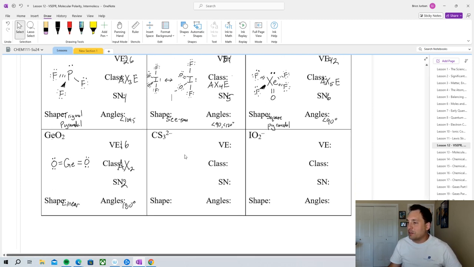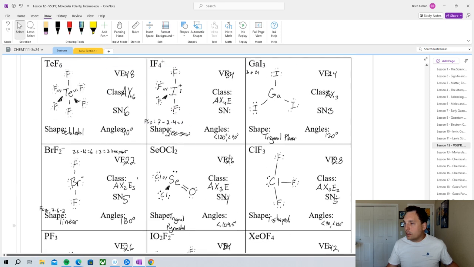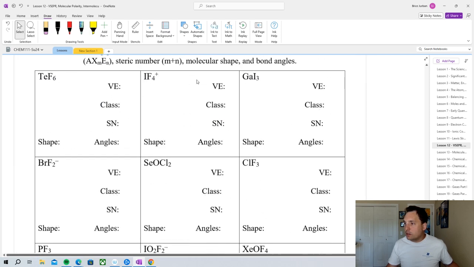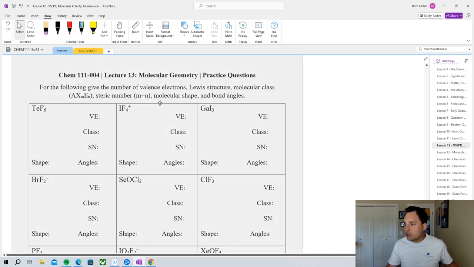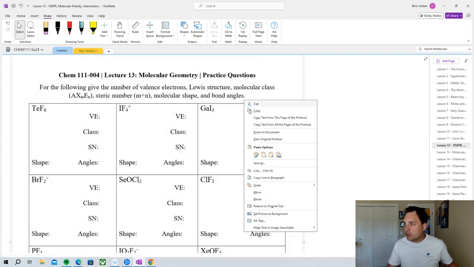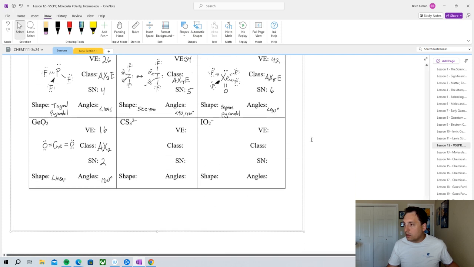And these are very difficult examples, which is why I'm doing them with you. And I think when I did that, did I move everything? Let's move over. Must have moved over. Okay, there we go.